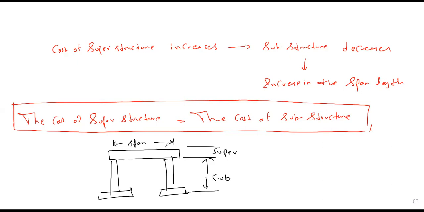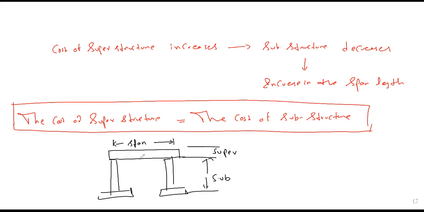So usually, the cost of the superstructure increases and the cost of the substructure decreases with the increase in the span length. Kada, what happens when the span increases? Only if the span is increasing, the cost of the superstructure will increase, but the cost of the substructure will decrease.